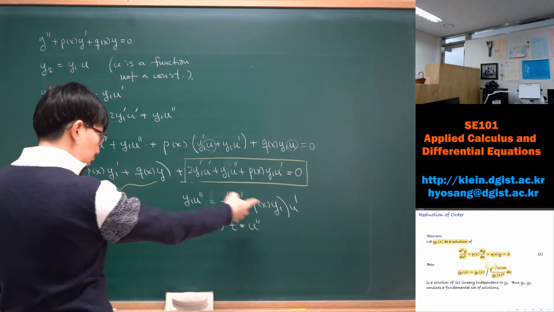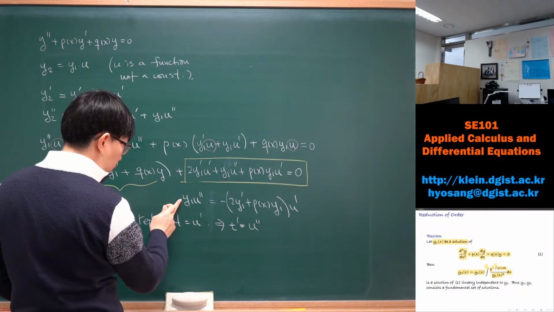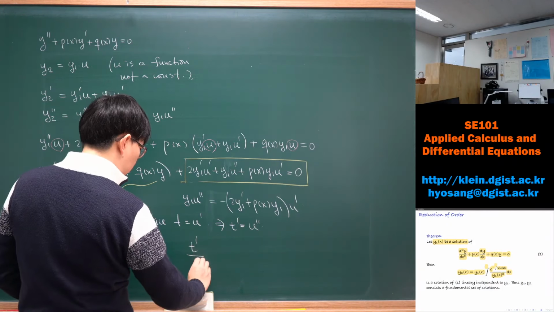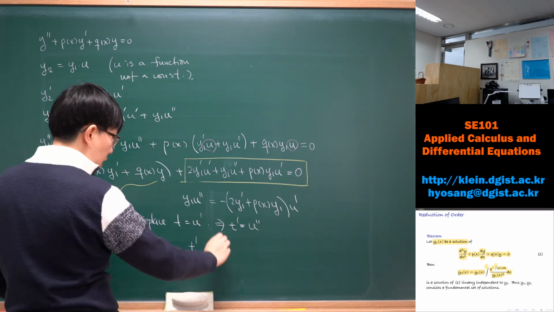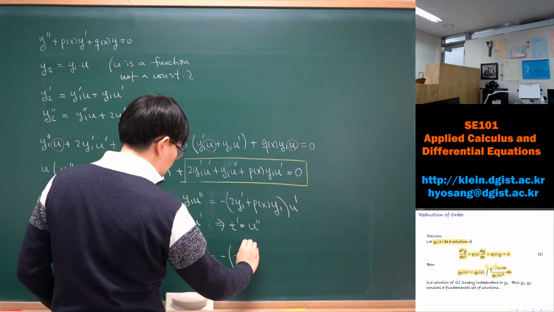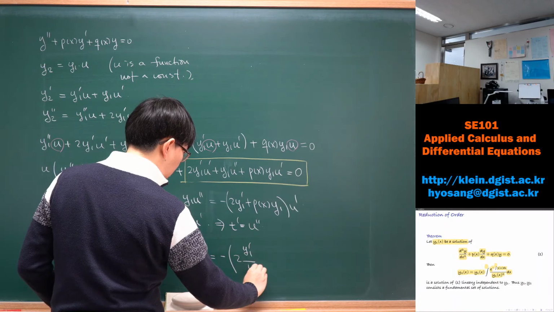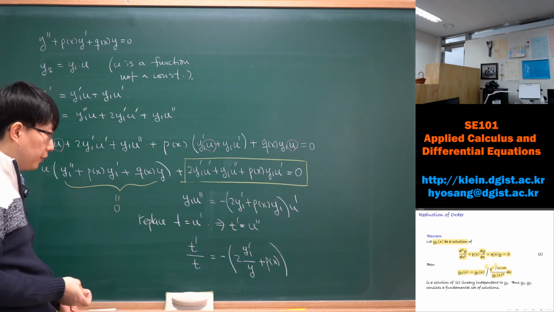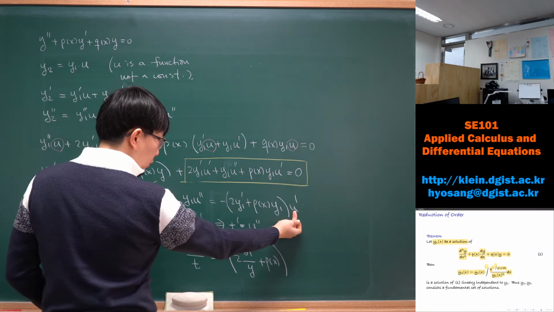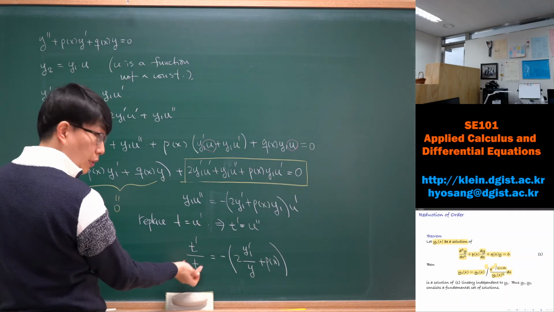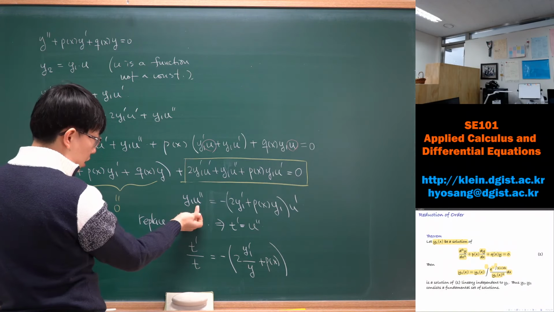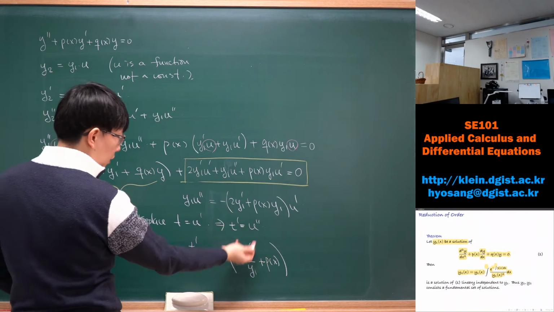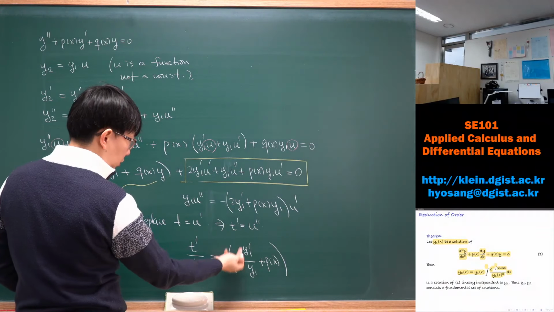So I can rewrite this equation, sending y1 to the right hand side, as t'/t = -(2y1'/y1 + p(x)). I take the u' to the left hand side, so that's where I get the denominator t, and y1 goes to the right hand side, this y1 cancels out, and this one becomes the fraction.